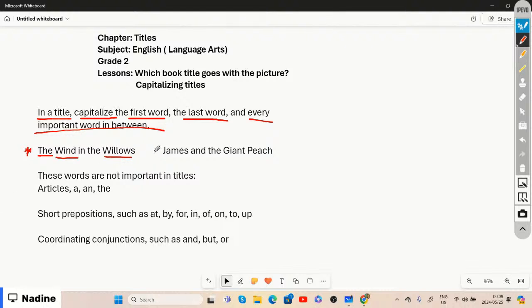All right, if we look at another title, it says James and the Giant Peach. And we see that the first word is capitalized, the last word is capitalized, and every other important word in between is capitalized.